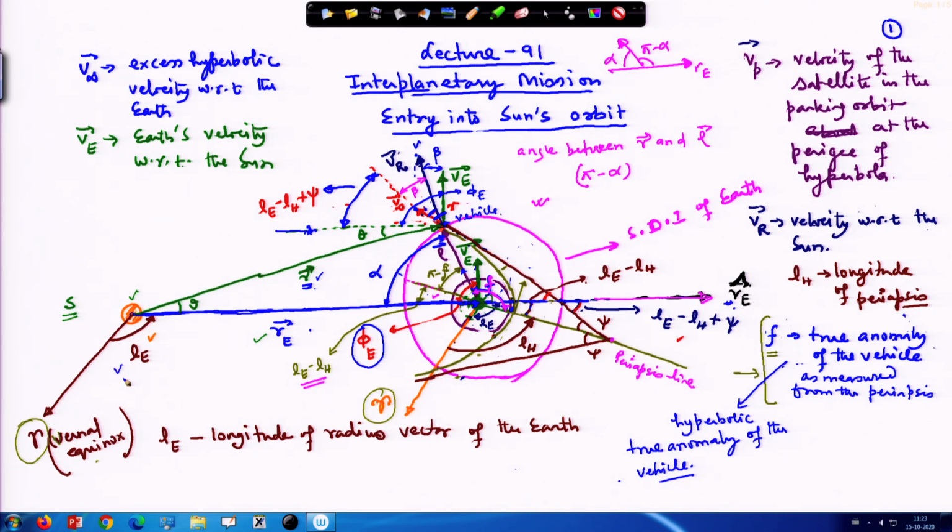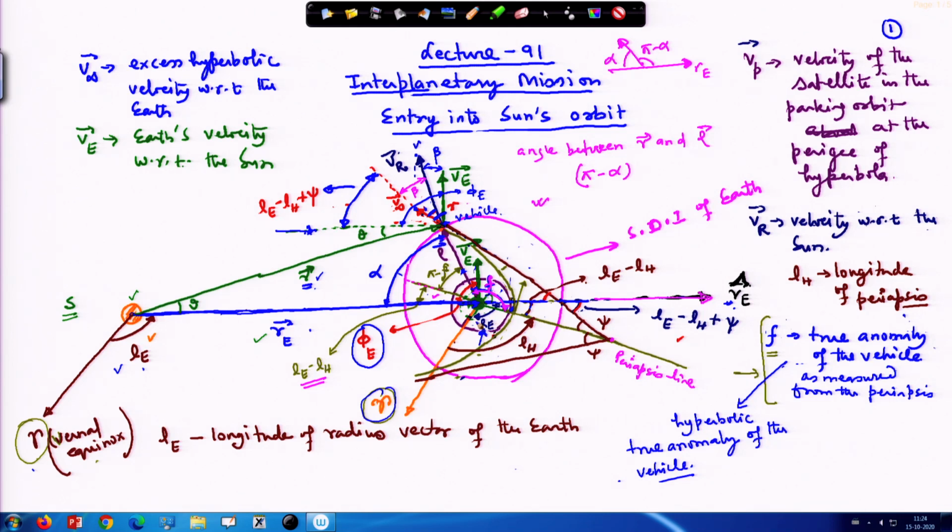This angle is L e, which is the longitude of R e, measured from the vernal equinox. Similarly, here in this place I have written L e, and this gamma is also shown, the angle measured as shown by this L e, as you can see here.